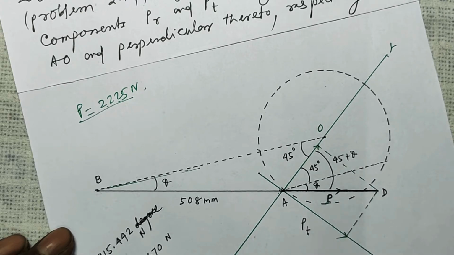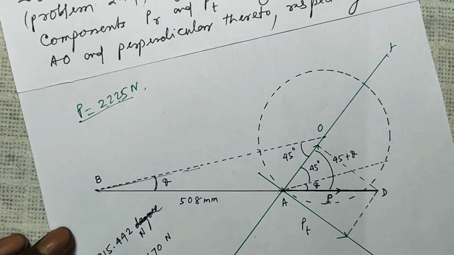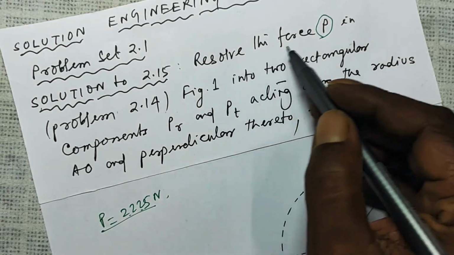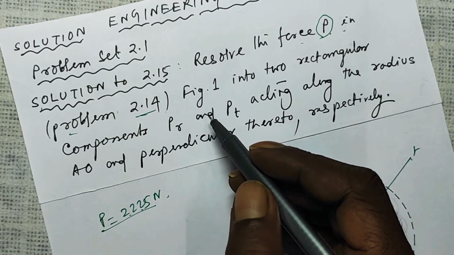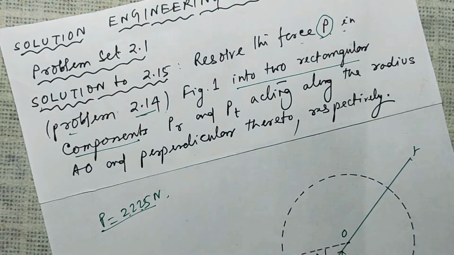P was given, and this theta I had calculated in the previous lesson as 20.705 degrees. Now what is the problem? Resolve this force P from problem 2.14 into two rectangular components, meaning the angle between the two components is 90 degrees.